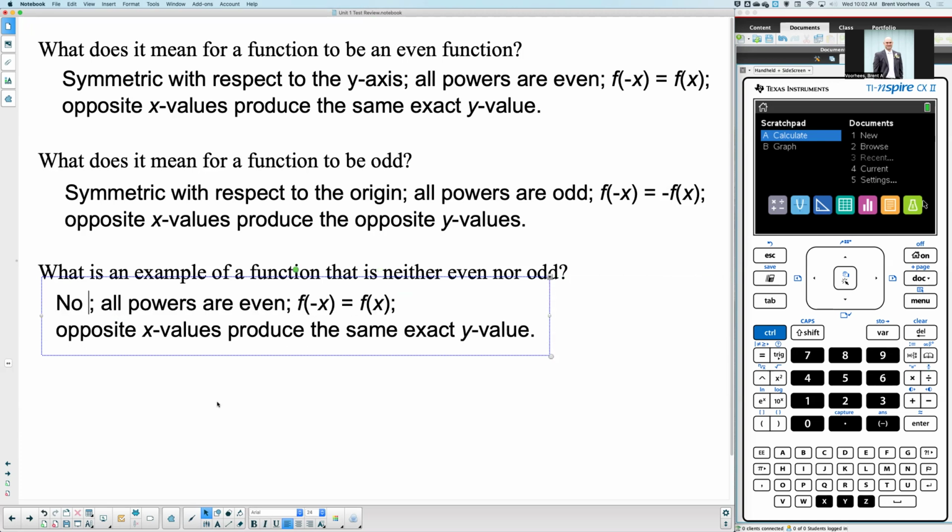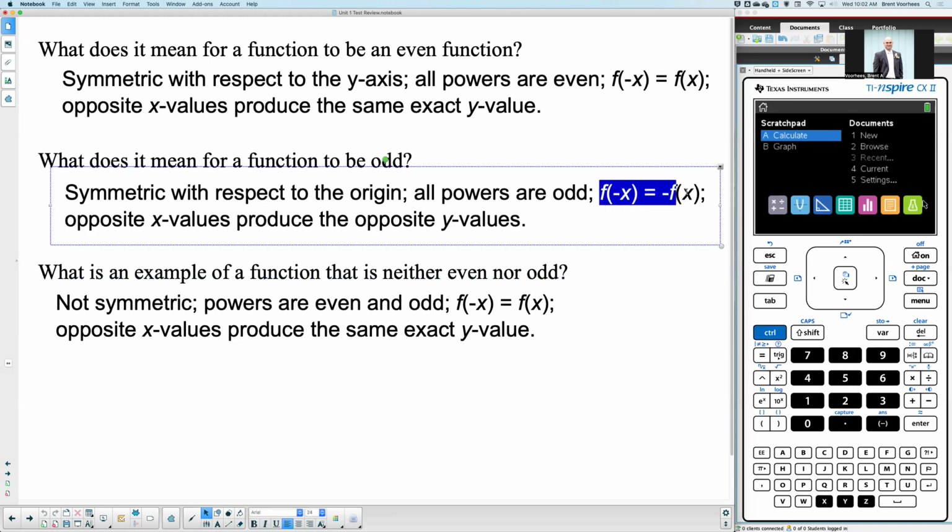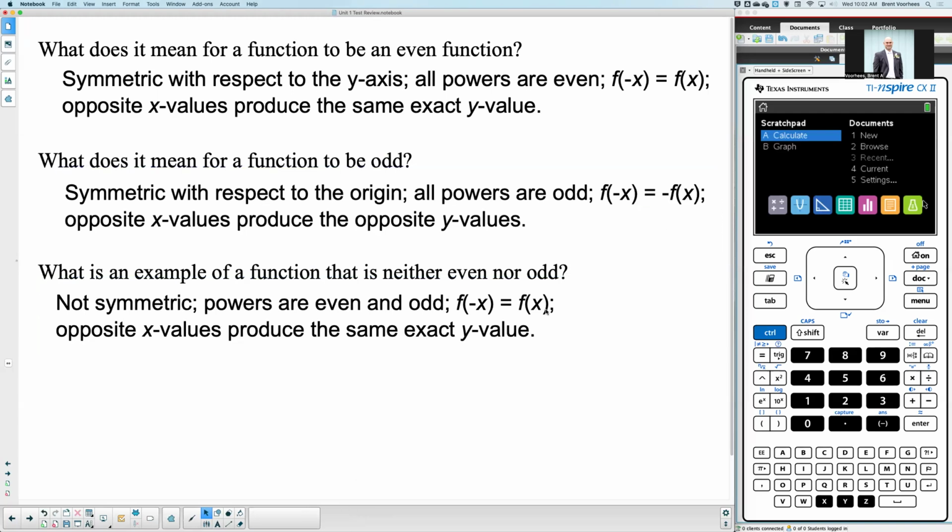No, it's not symmetric. Good. What would it mean about the powers if it's neither even nor odd? Powers are even and odd. Mathematically, this would not be true, nor the other one true. So I'll put a line through it in a second. Let me copy and paste this in. That would mean these are not true.